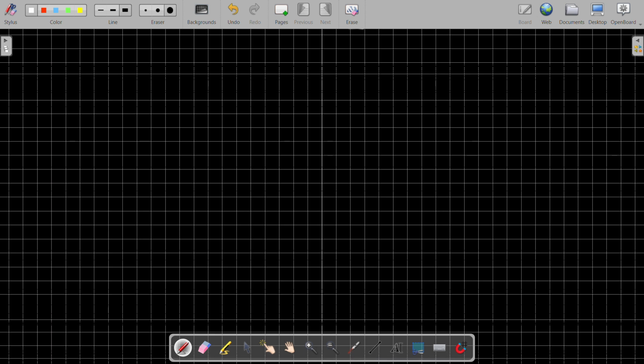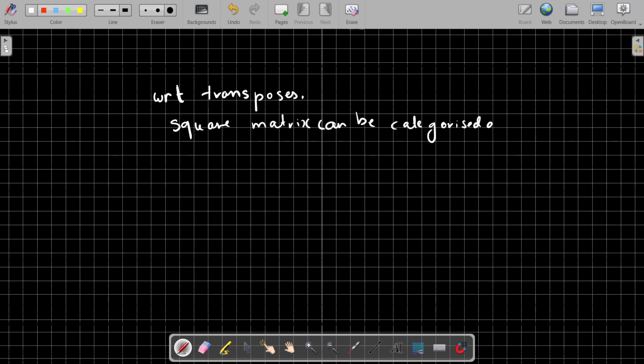Now, when it comes to transposes, square matrices can be categorized into two categories. The first is symmetric.